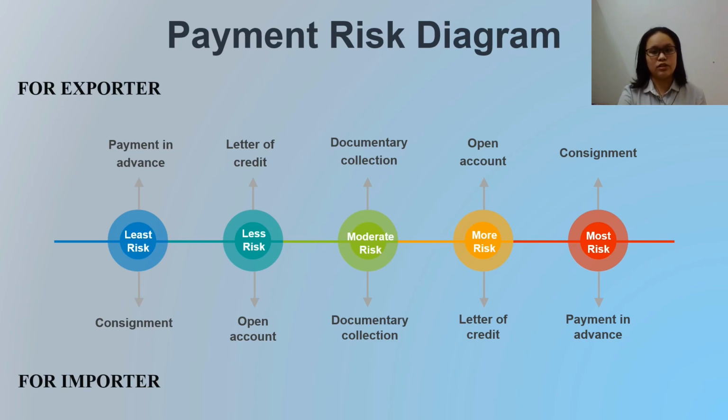Consignment in international trade is a variation of the open account in which payment is sent to the exporter only after the goods have been sold by the foreign distributor to the end customer. So consignment carries the least risk for the importer, followed by the open account, documentary collection, letter of credit, and payment in advance.